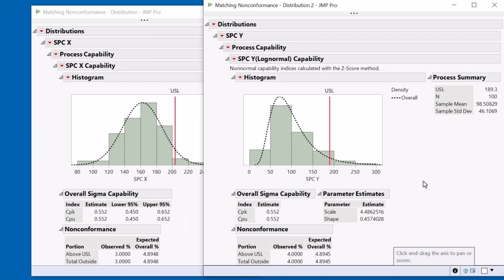So now my capability index is 0.552, which is in agreement with what I have for the normal distribution. So I now have consistent decision making, in that the capability indices I compute have the same conversion. If I take a particular number like 0.552, the non-conformance rate is the same irrespective of whether I have a non-normal distribution or a normal distribution.